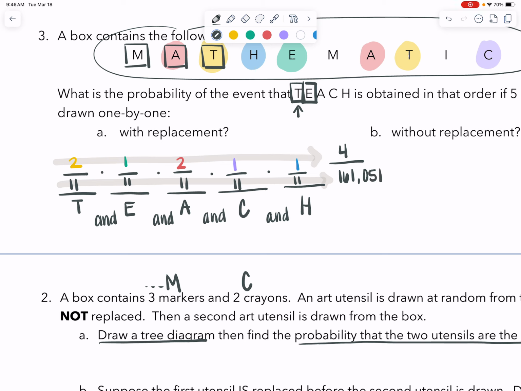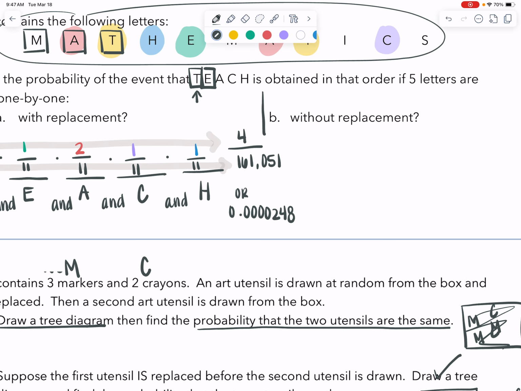You could leave it like that, or you could give the decimal version, which would be a really small number, or 0.0000248. So not very likely. Probably have a better chance of winning the lottery.